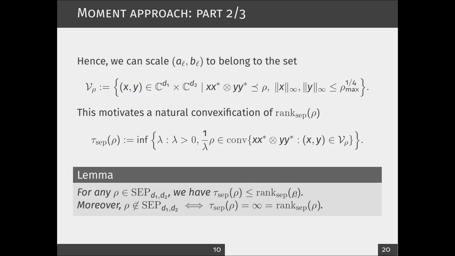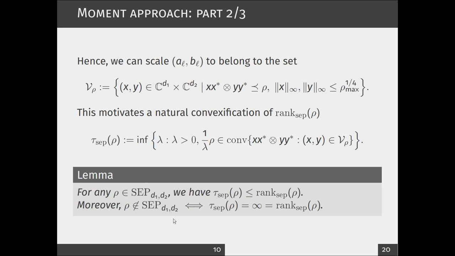Consider simply the separable factorization of rho that we saw previously, and you divide it by r, and then you can show that 1 over r rho must belong to this convex hull. Hence, T_sep of rho is less than or equal to r.